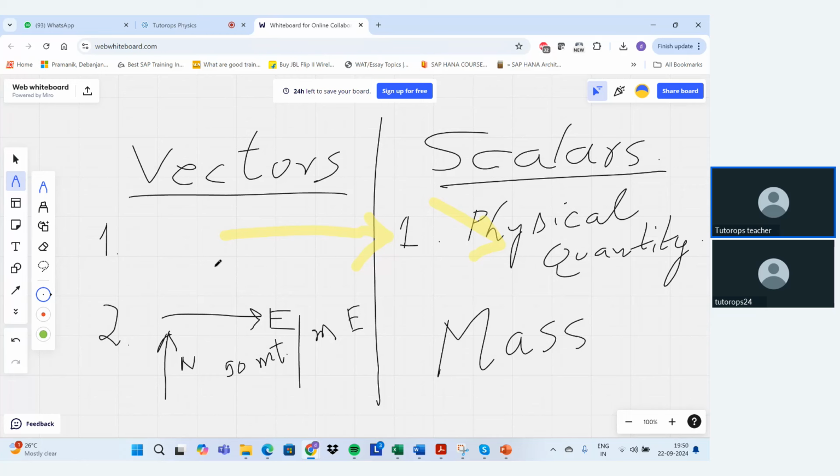And I have seen that 90% of students write these two examples: that a vector has a physical quantity and a direction, and a scalar only has a physical quantity. That's not the whole case. There is also a third point apart from these two. I think this concept is fine, so let me erase the first and second points.